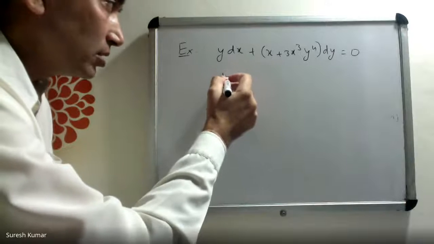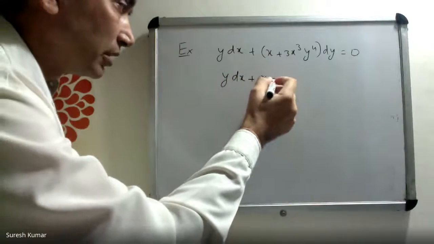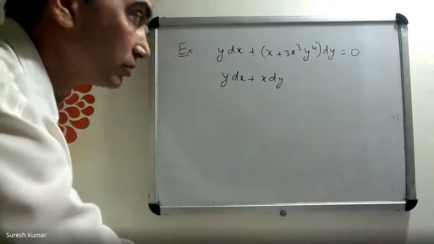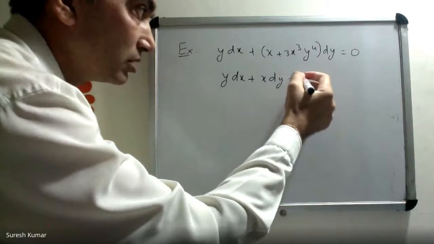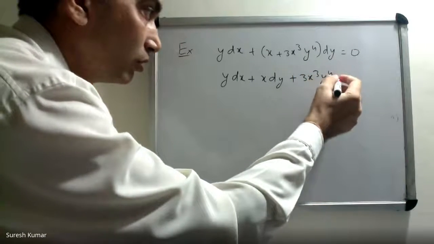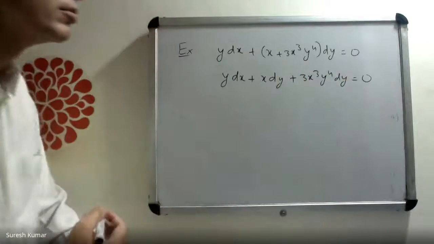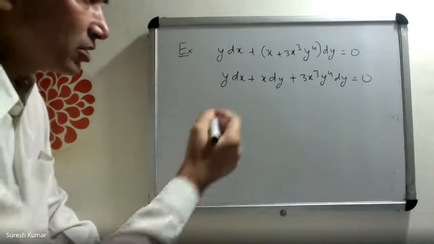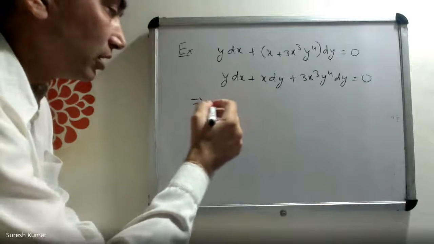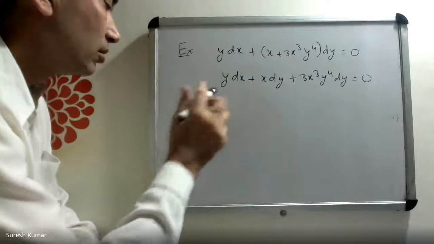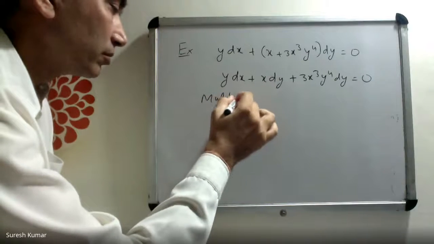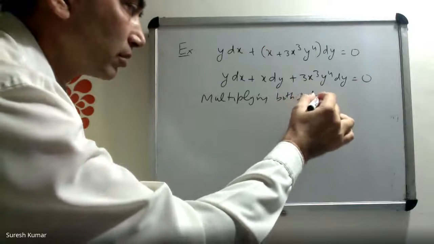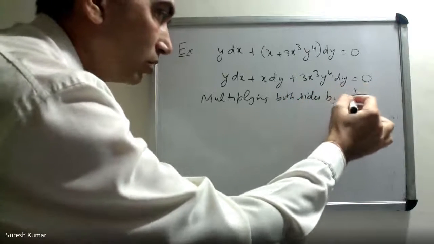So you see, this is y dx plus x dy. I'm trying to explain how to think about the integrating factor. Let's separate the terms, 3x cube y to the power 4 dy. Let us divide both sides by x cube y cube, or you can say multiplying both sides by 1 over x cube y cube.